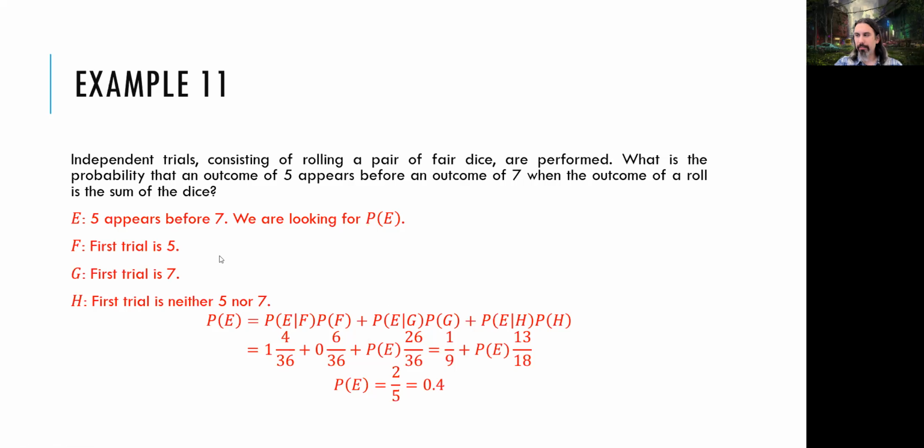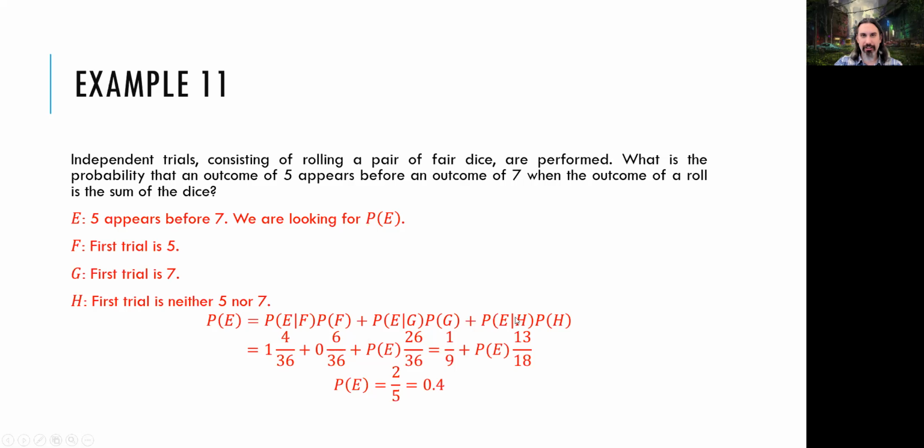P(F), the first trial being 5, is 4 over 36, so 1 times 4 over 36. E given G: G's first trial is 7. E is looking for 5 before 7, which is not going to happen because the first trial is 7, so this probability is 0. The probability of G is 6 over 36, but it's not important because it's going to be multiplied by 0 anyway. Still, we have to write it.